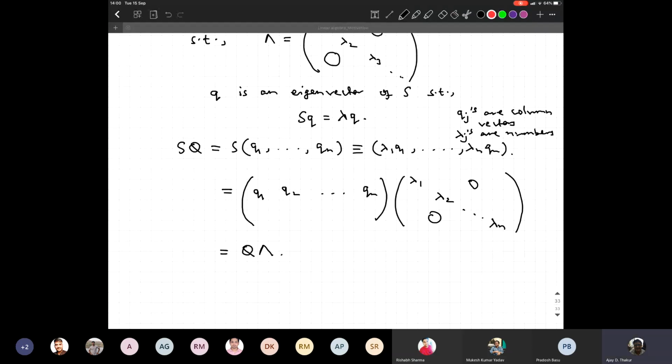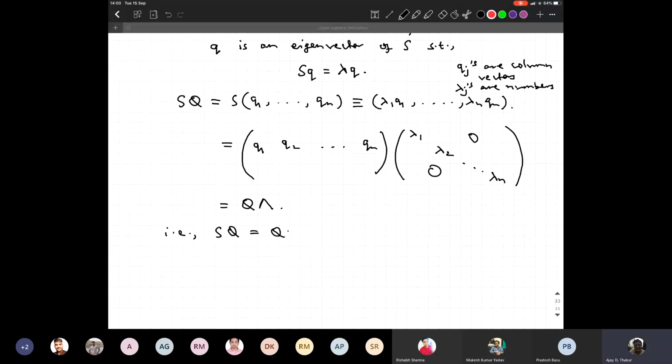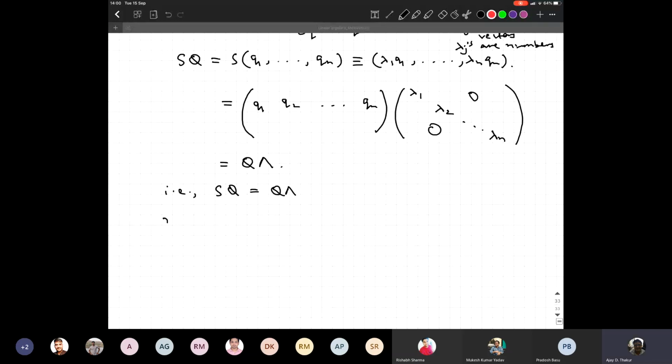So SQ equals Q lambda, and what we do is multiply both sides by Q inverse, which is equal to Q transpose because these are orthogonal or orthonormal matrices, on the right.